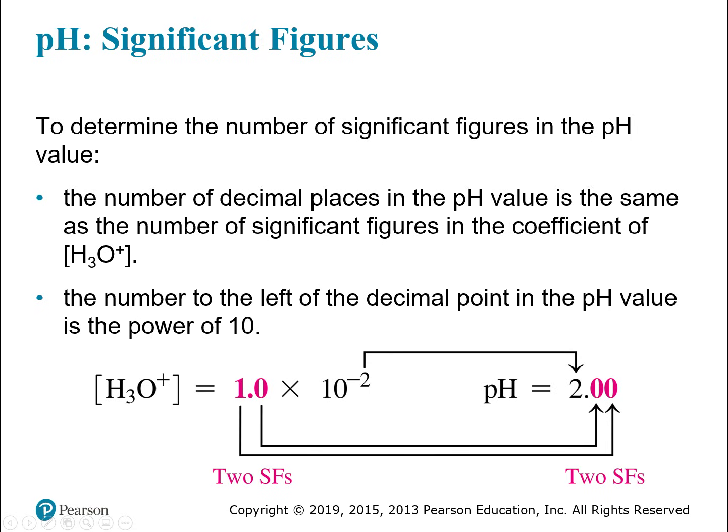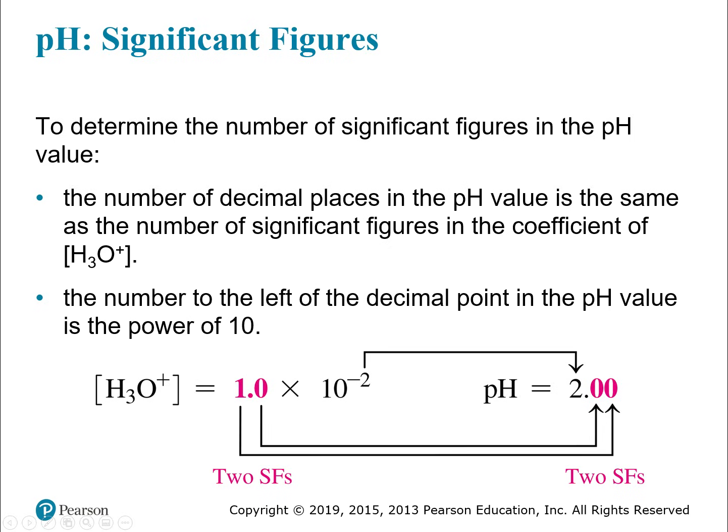pH is already a little bit weird because we're using a log, but it's also a little bit strange in terms of how you determine significant figures. So the number of decimal places in the pH value is the same as the number of sig figs in the coefficient of the hydronium concentration. So what does that mean?